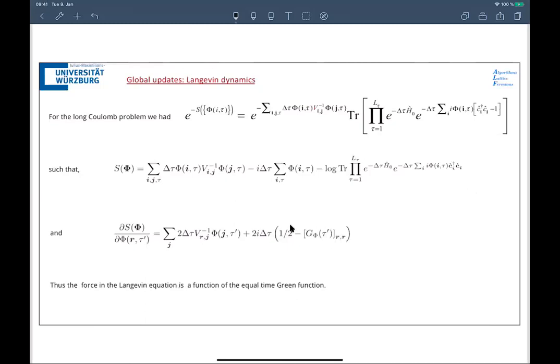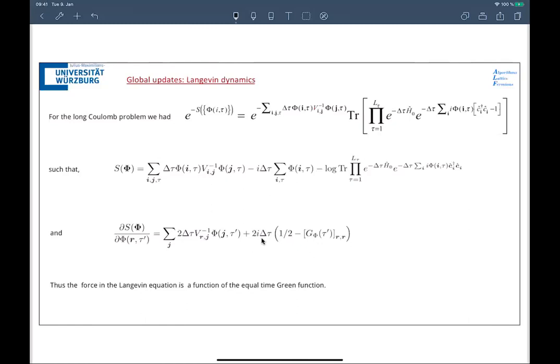So again, as in the single update scheme, the equal time Green's function is the central quantity to determine all the dynamics, the Langevin dynamics in this case.